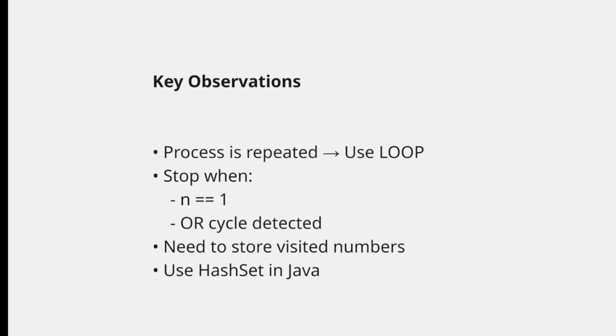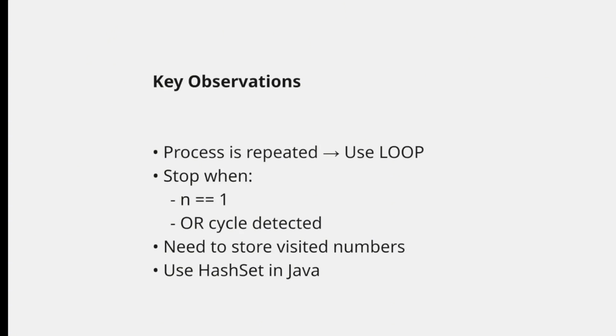The second condition is the tricky part. If we get a 1, we can stop the loop. Otherwise, if a cycle is detected, we have to stop the loop. In a condition, we can just write if n equal to 1, terminate the loop. But if we have to detect a cycle, that is the tricky part.